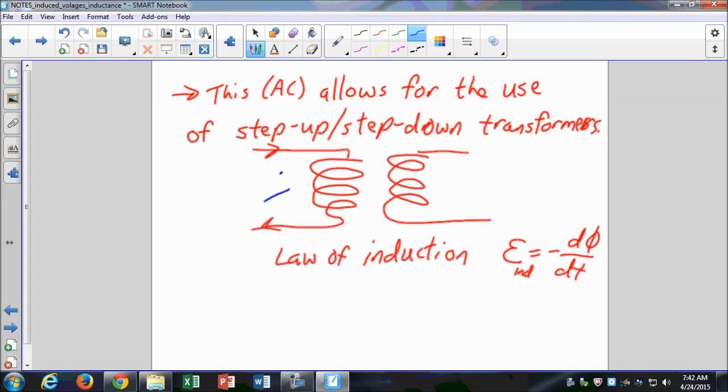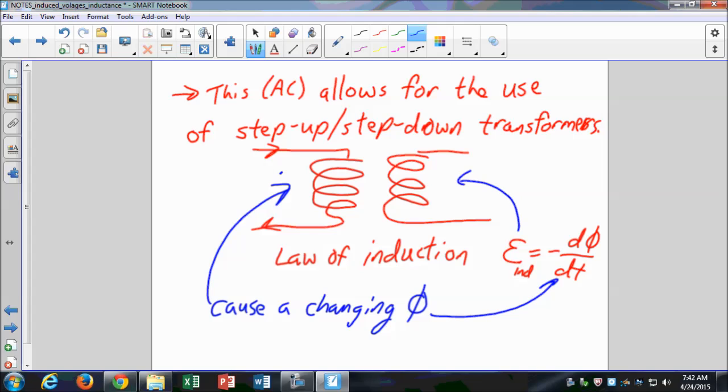So this coil of wire will cause a changing magnetic field, not just a magnetic field, but a changing magnetic flux. And then that magnetic flux will induce an EMF in this second coil.